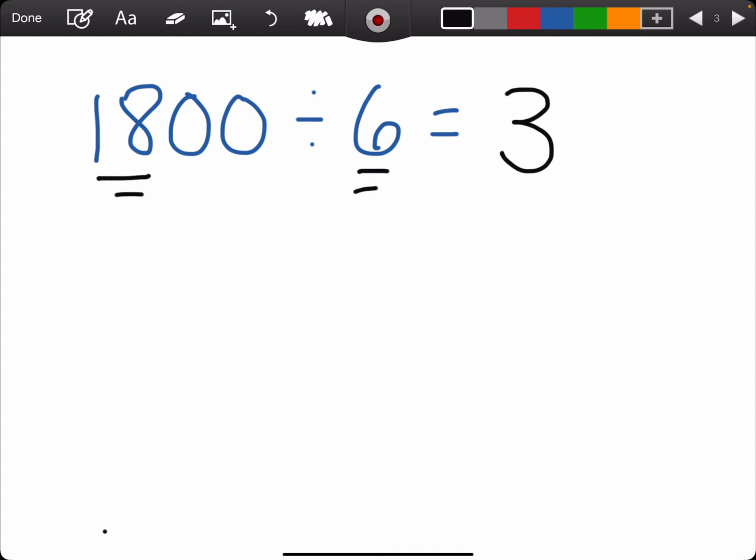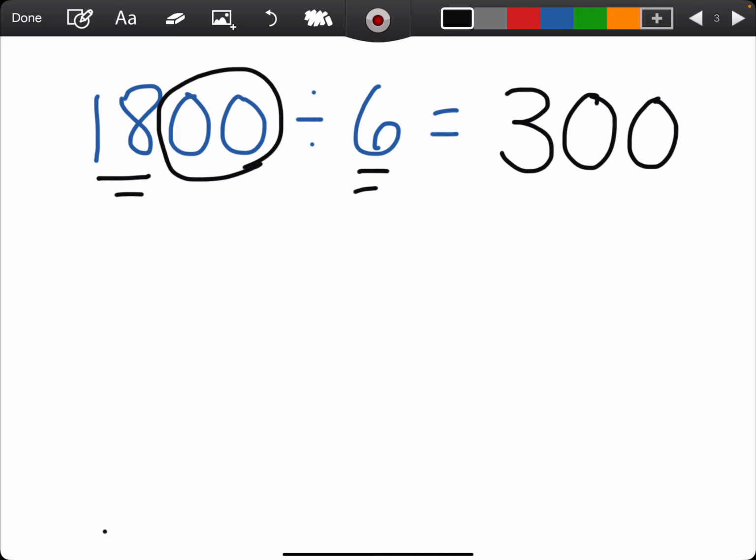But now don't forget these two zeros because it was really 18 hundreds divided by 6, which would give us 3 hundreds. So 1,800 divided by 6 equals 300. All right? So now you're going to get a bunch of problems just like this.